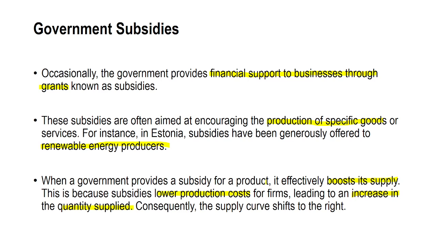So, in summary, if the amount of government subsidies increases, the amount of supply also increases, and the supply curve shifts to the right. In the other scenario, if the amount of subsidies decreases, the amount of supply also decreases, and we show this decrease in supply quantity by shifting the supply curve to the left.